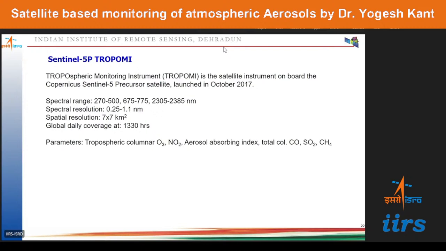It has very narrow spectral bands, a very large number of spectral bands in this broad spectral range, and it senses at a very high resolution, around 7 by 7 square kilometers. The beauty of it is that it measures not only different gases but also aerosols: tropospheric ozone, nitrogen dioxide, CO, SO2, methane, and also the aerosol.